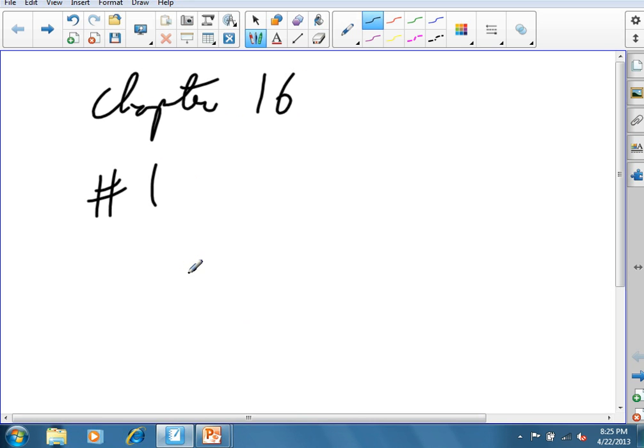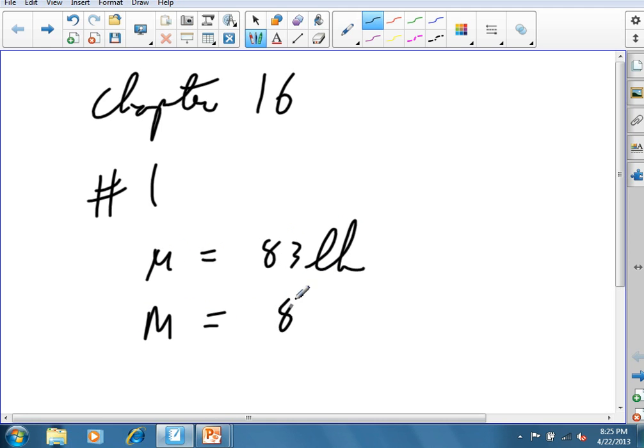Consider the normal distribution. Find the median. The mean is 83 pounds because that's the center. The median is equal to the mean, 83 pounds. Find the standard deviation.